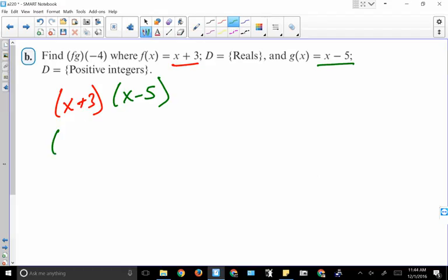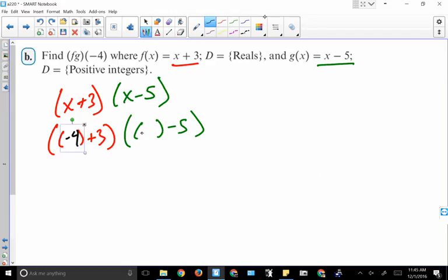So what I could do is, is that legal? All we're doing is trying to evaluate these two functions being multiplied together at those values.